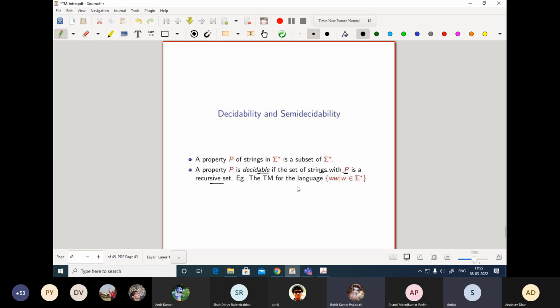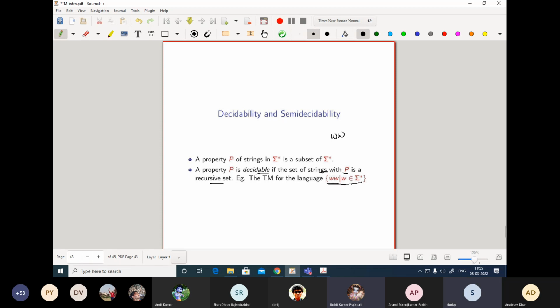So for example, for all the languages that we saw before, the Turing machine for the language WW was a total Turing machine. So this language WW is a recursive set, and I can think of it as this language having a structural property of WW. So this property will be said to be decidable.